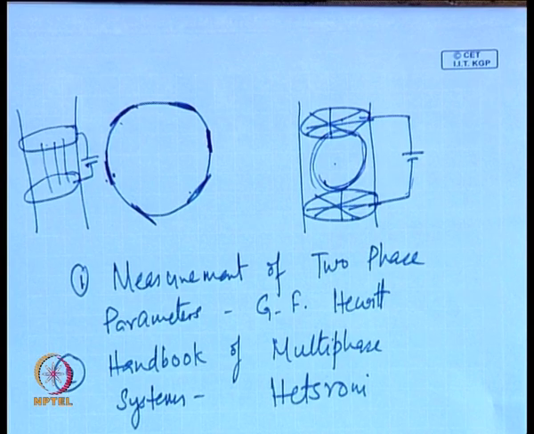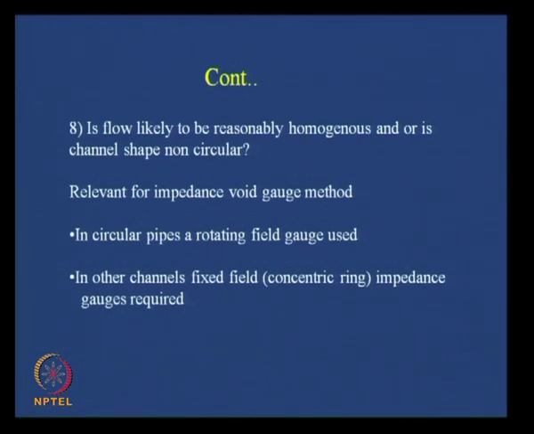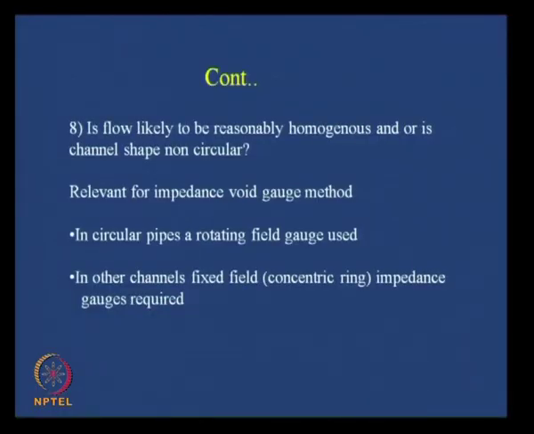Well, so with this we conclude the void fraction measurements. We find that in void fraction measurements, the most important three techniques are volume measurement, radiation techniques, which can be absorption, scattering to some extent, or emission of a consequent radiation, and impedance gauges.